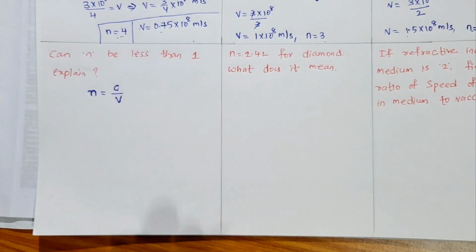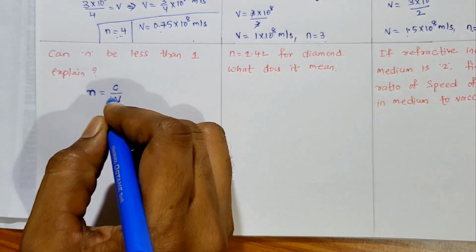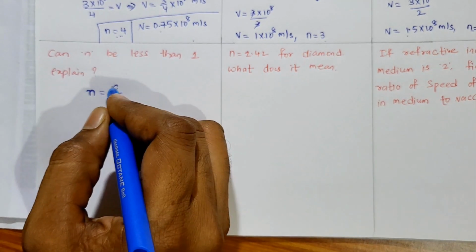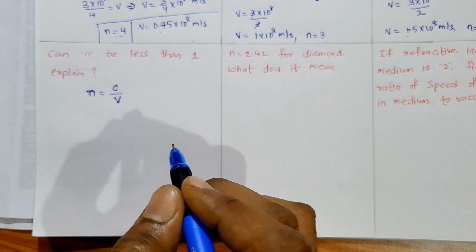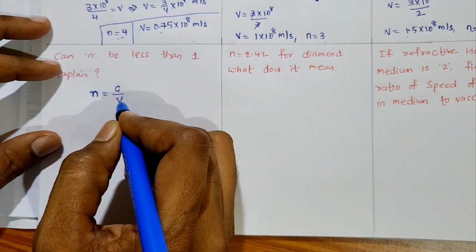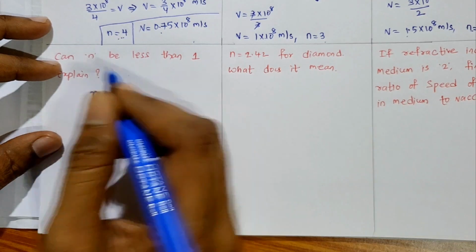What is v? v is the speed of light in any medium. In any medium you take, the speed of light is not greater than c. There is no medium found until now where the speed of light is greater than c. What is c? Speed of light in vacuum.